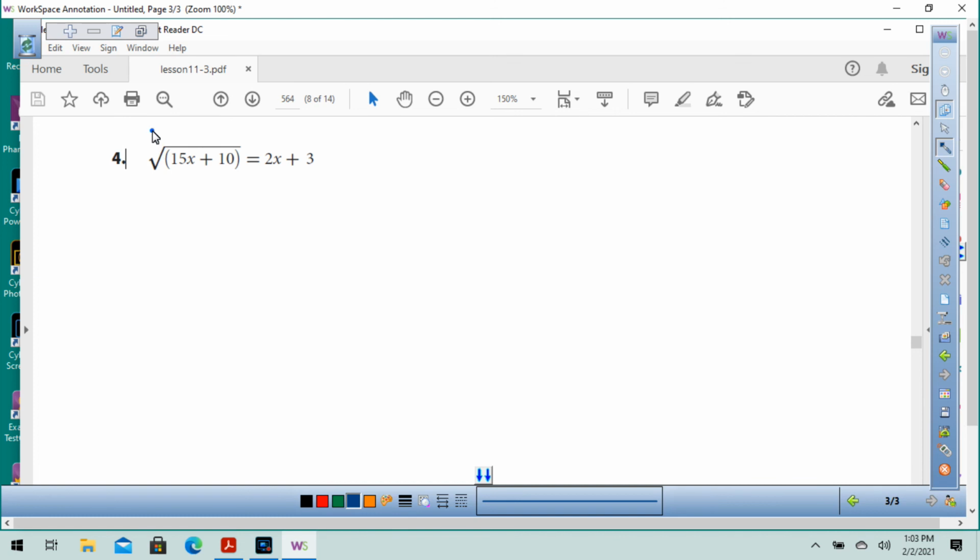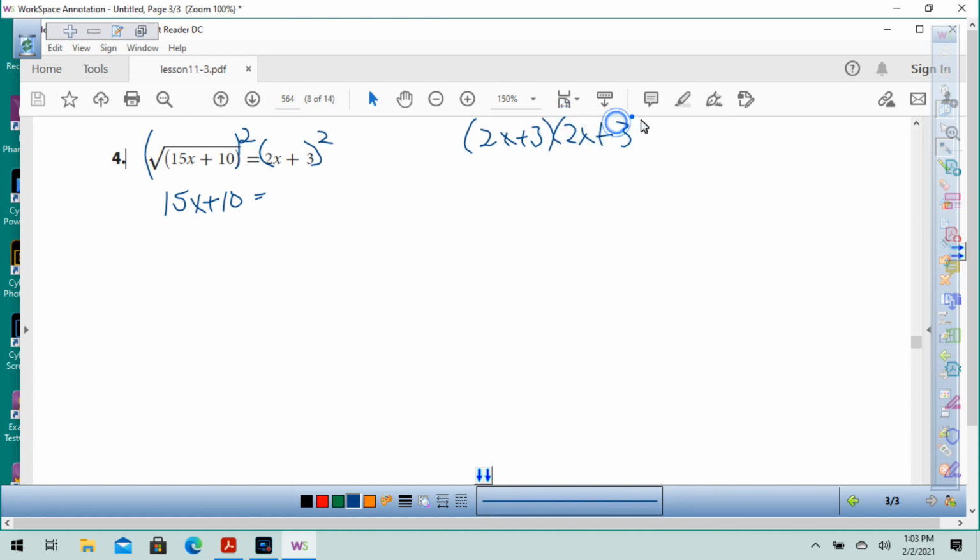Again, we're going to square both sides. That gives us 15x plus 10 equals, and let's see, 2x plus 3 times 2x plus 3.